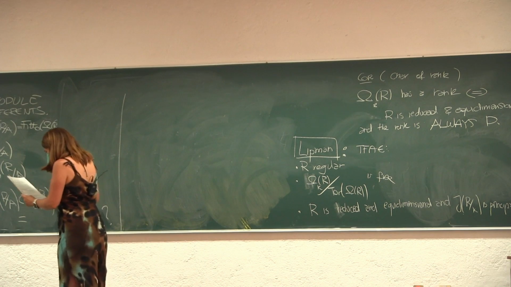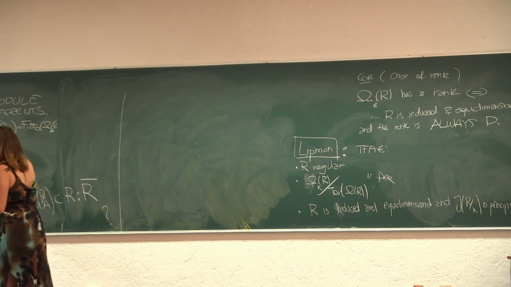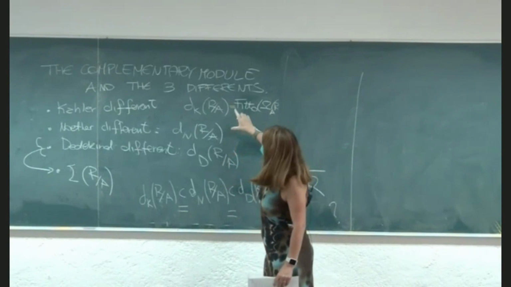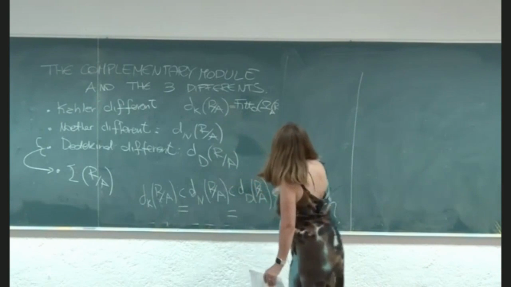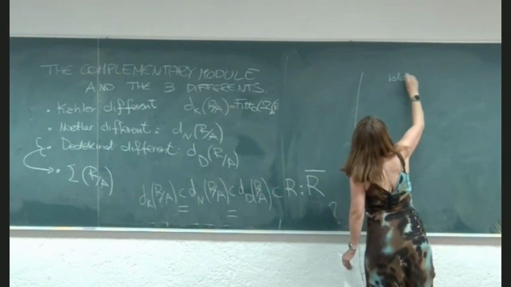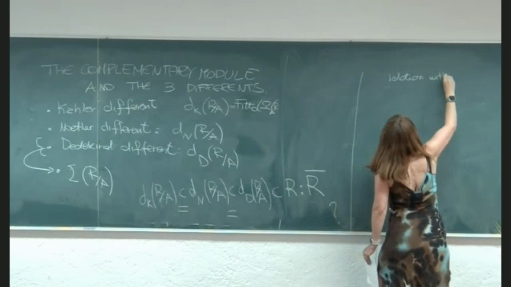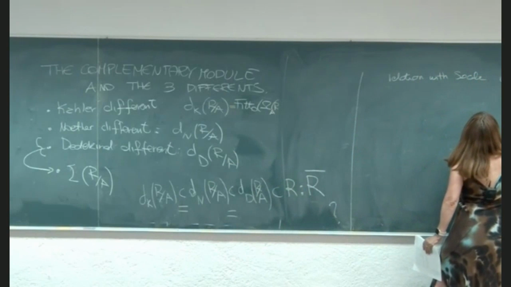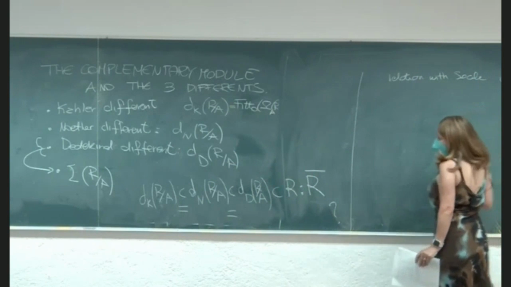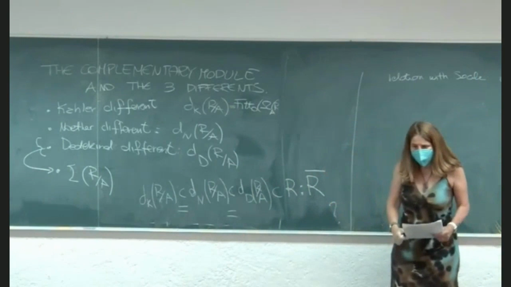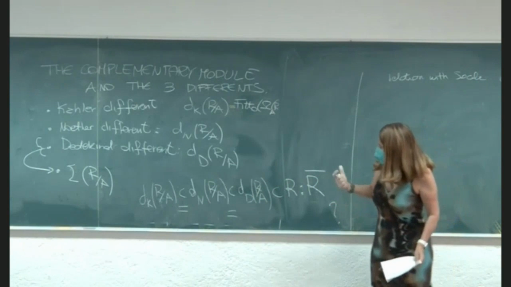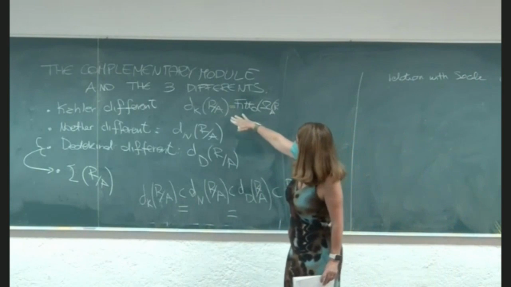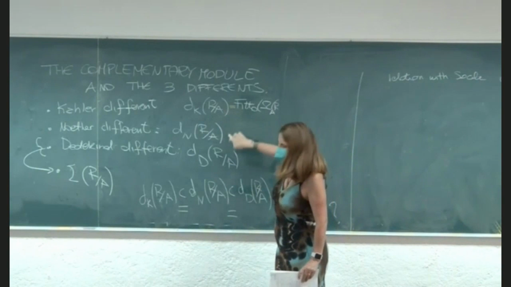So, now, I'm going to start, and I'm going to define the Noether different, okay? And the other thing was a relation with something in the Jacobian. Okay? So first of all, I'm going to talk about the Noether different and relate these two.